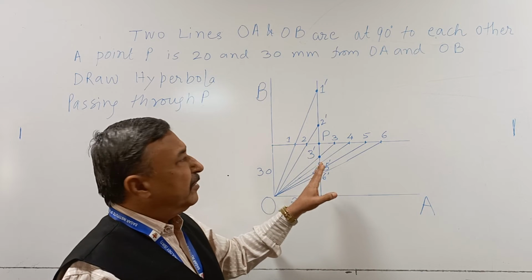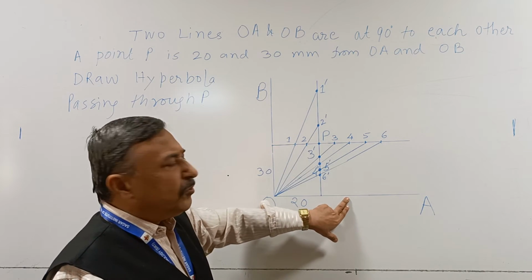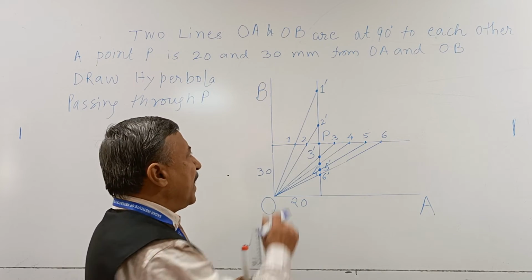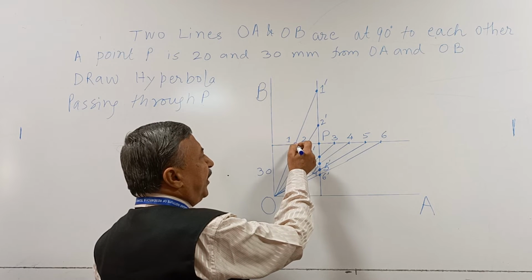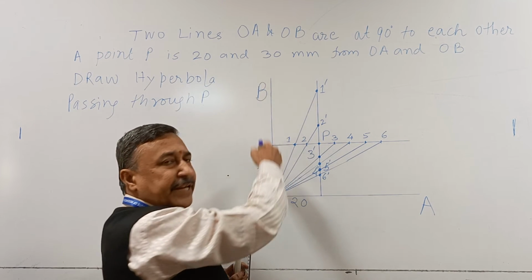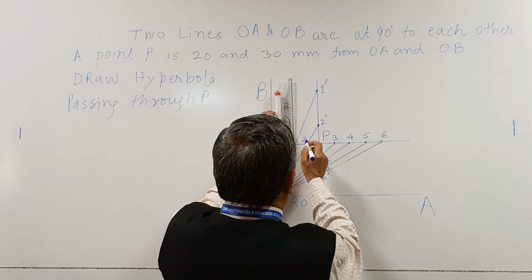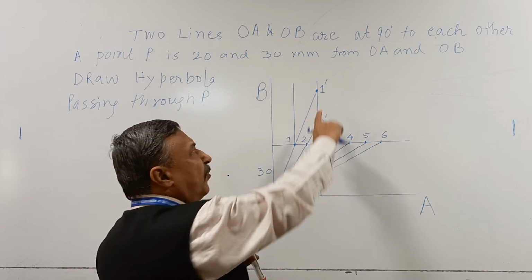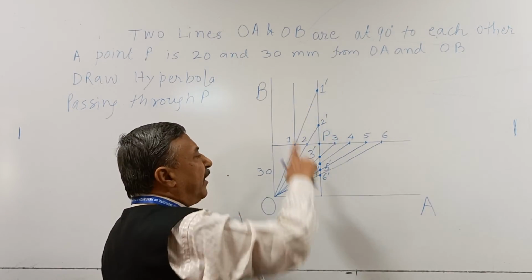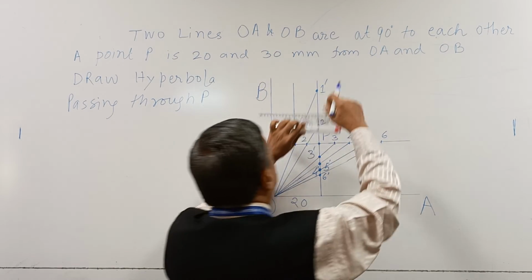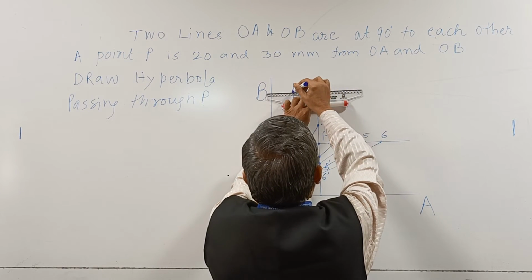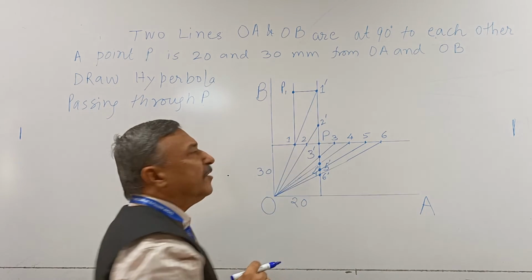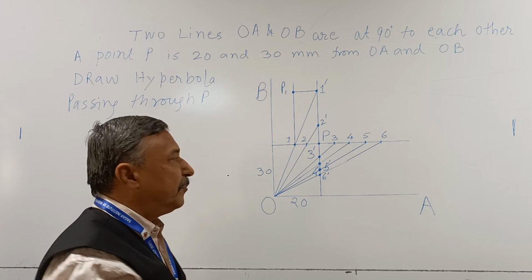Now we have to draw lines again parallel to OA and parallel to OB through these points. How? See, from point 1 we draw a line parallel to OB like this, and from point 1 dash a line parallel to OA like this. So this is our point P1, the first point for the hyperbola.